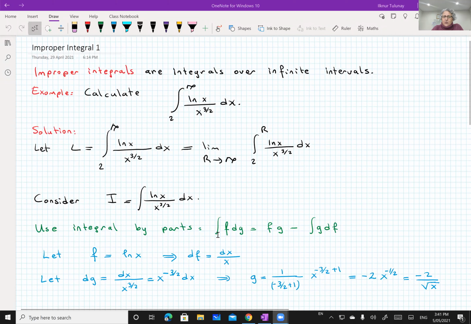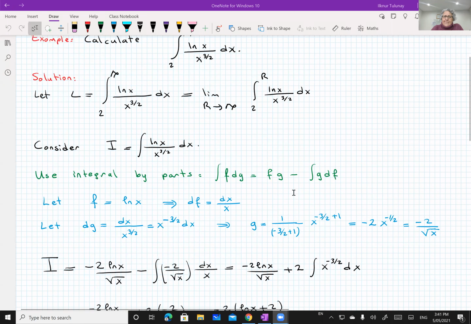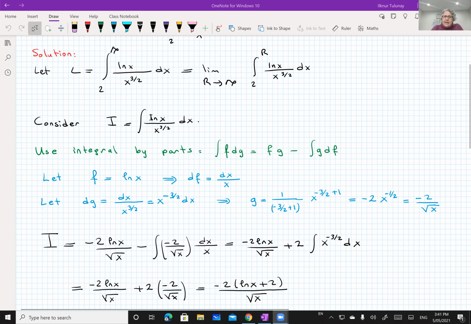If an integral is in the form f dg, then it is equal to f times g minus the integral of g times df. If we say f is ln x, then df will be dx over x. And dg in this case will be dx over x to the power of 3 over 2, or we can write this as x to the minus 3 over 2.